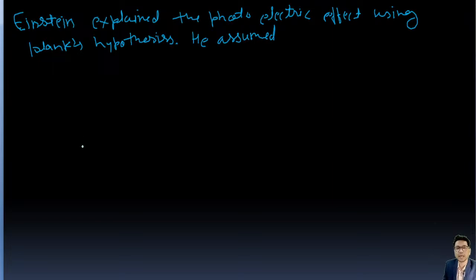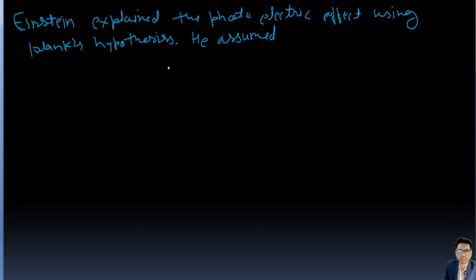I have explained the photoelectric effect till now in my previous class, so you can watch that class. Now I'll write so that you can make notes as well. Einstein explained the photoelectric effect using Planck's hypothesis. We know Planck's hypothesis, right?